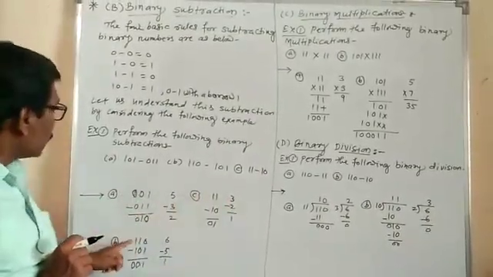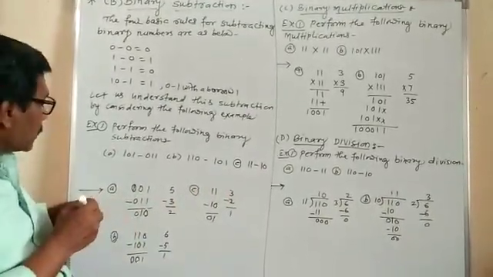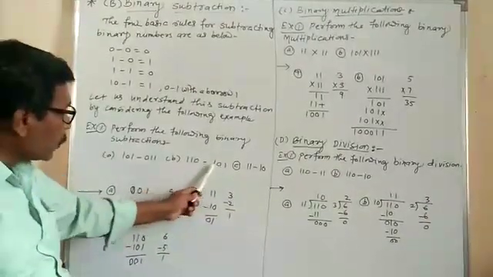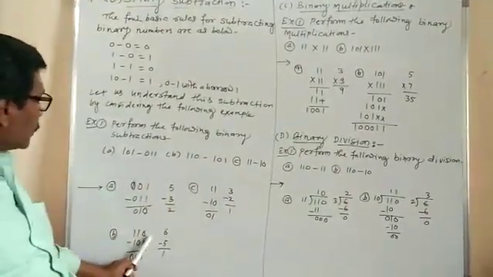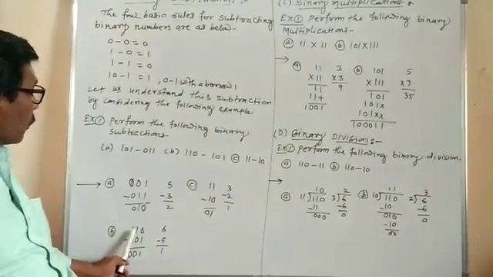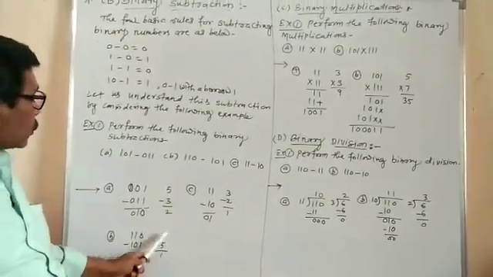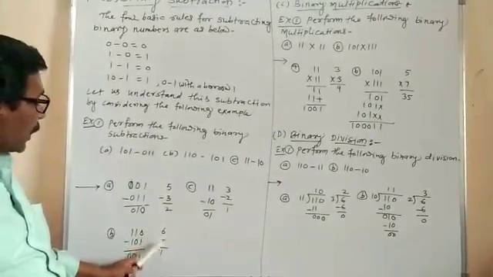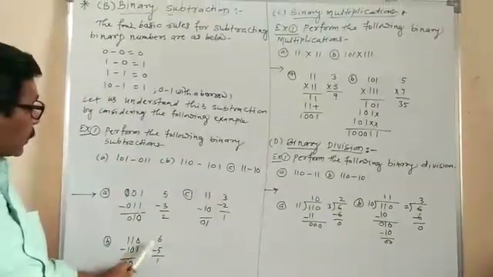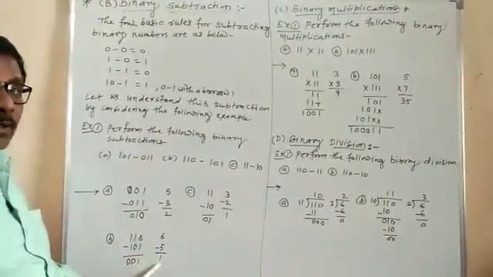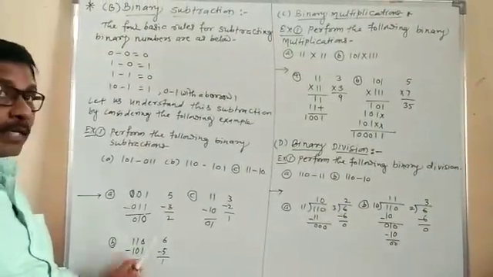Similarly, we have the second, B: 110 minus 101. 110 is decimal 6 and 101 is decimal 5, so the decimal subtraction is 6 minus 5, equal to 1. So we have to get 1.